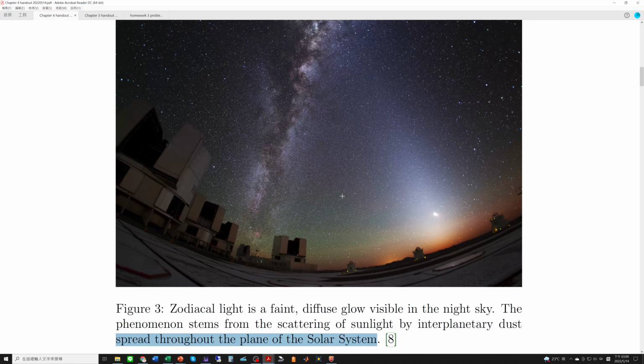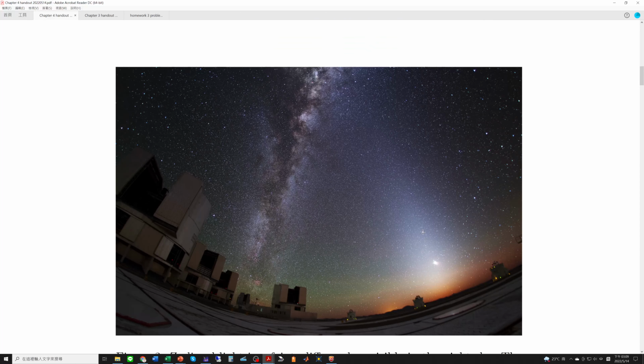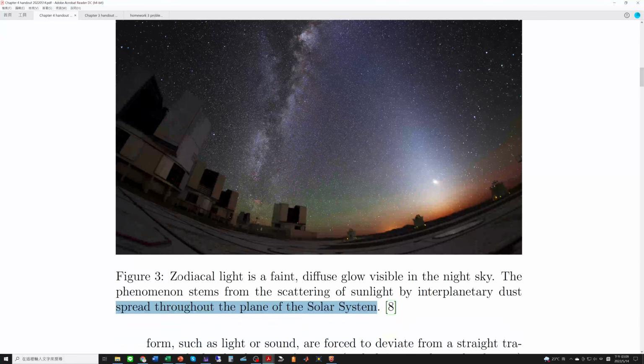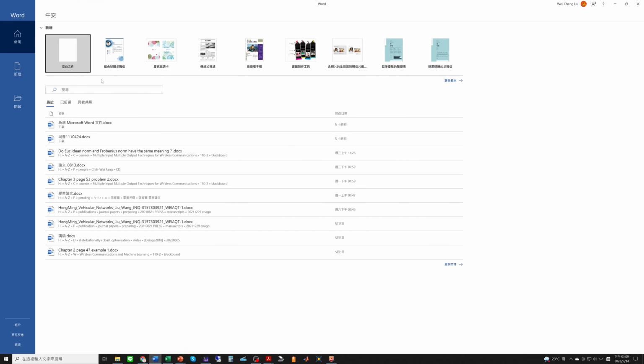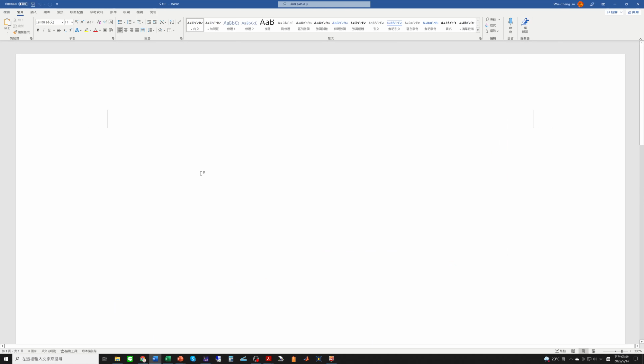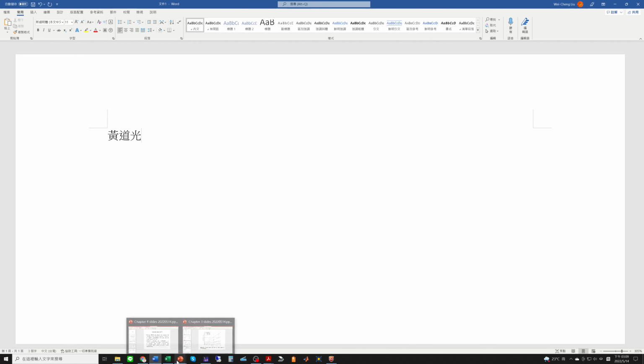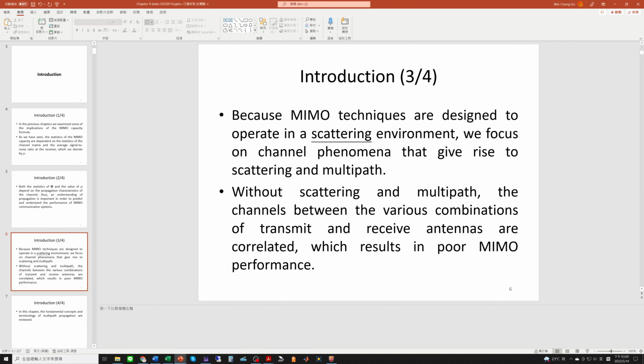So you can see some red or orange light here. The zodiacal light, if translated into Chinese, let me write it on the blackboard. It is this: 黄道光. Okay, let us go back to the slides.